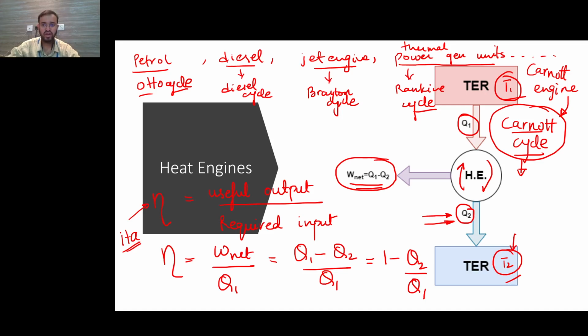The efficiency of a Carnot engine can be given as efficiency is equal to 1 minus T2 upon T1.